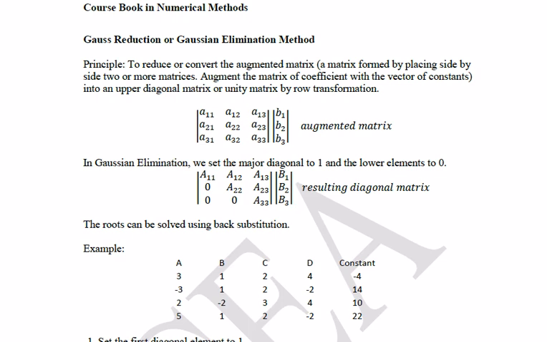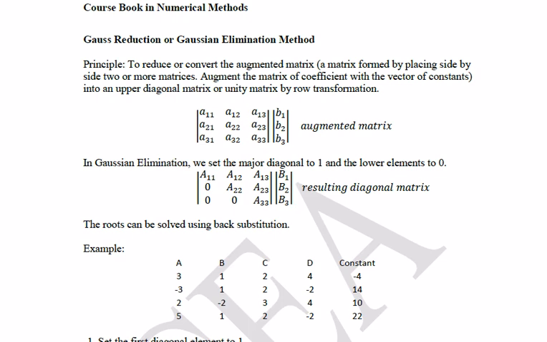When we say augmented matrix, it is a matrix formed by placing side by side two or more matrices. So we augment the matrix of coefficients with the vector of the constants. That is what we will be doing, into an upper diagonal matrix or unity matrix by row transformation.